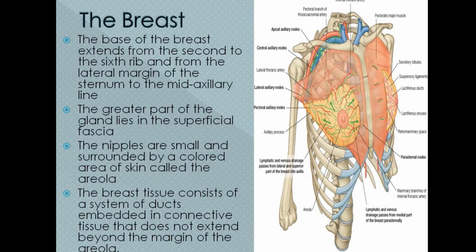So most of the part is in the superficial fascia of the anterior thoracic region, and the nipple is a small rounded area surrounded by a dark pigmented area called the areola. As we have discussed, the nipple is the area where all the lactiferous ducts open up through the sinus, so it provides the opening of the duct to the exterior.